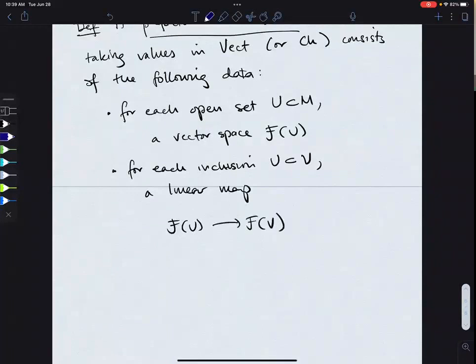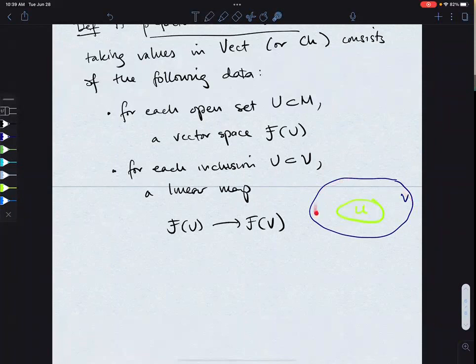So picture some big open set V, and inside of it some little open set U. Then there's some way of mapping things that live in U into things that live on V, extending them if you want.